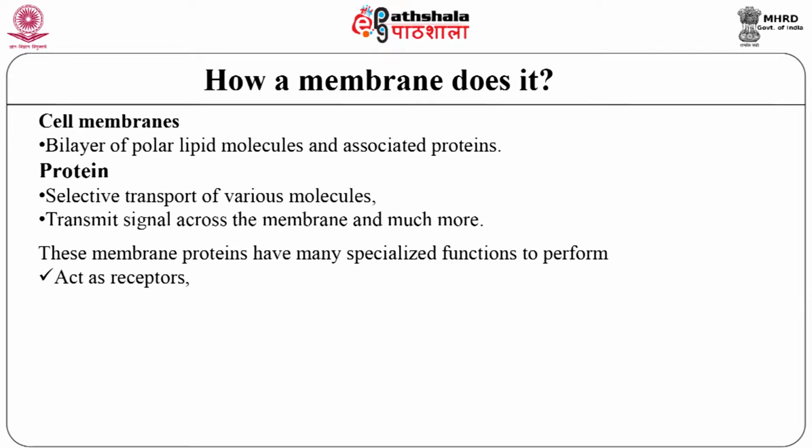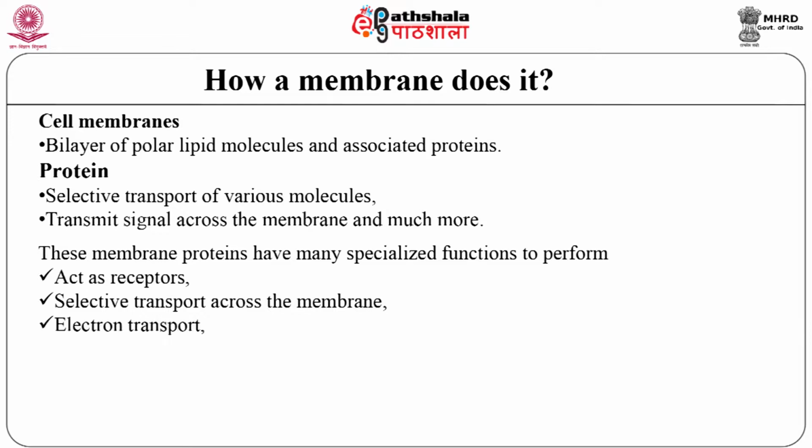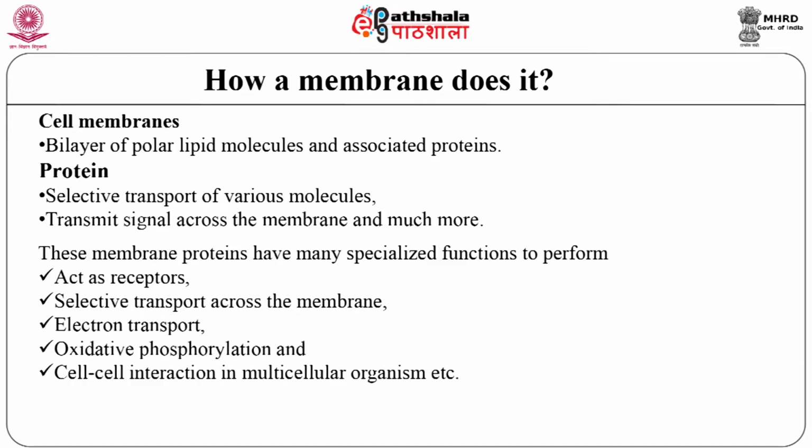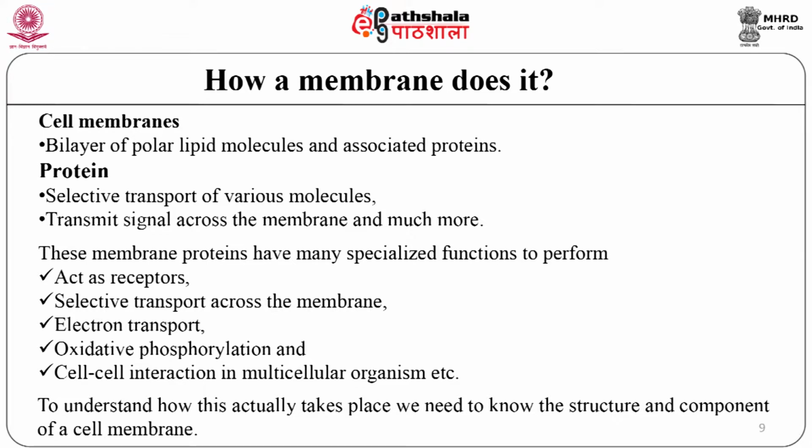They are involved in the selective transport across the membrane. They participate in electron transport, oxidative phosphorylation, cell-cell interaction in multicellular organisms, etc. To understand how this actually takes place, we need to know the structure and components of the cell membrane.